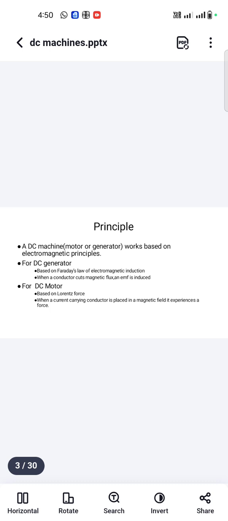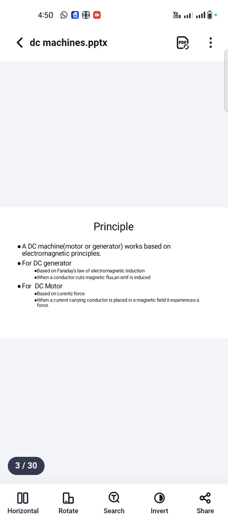What is Faraday's law? Whenever there is a change in magnetic flux linked with a coil, an electromotive force (EMF) is induced. That is Faraday's law of electromagnetic induction.